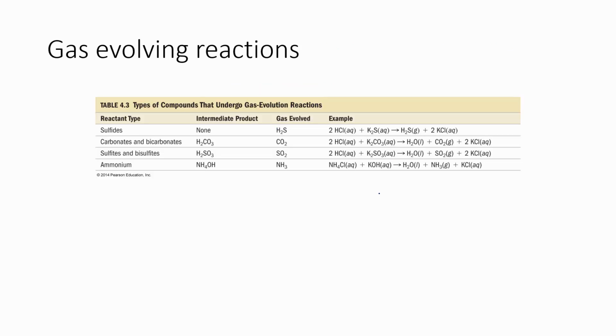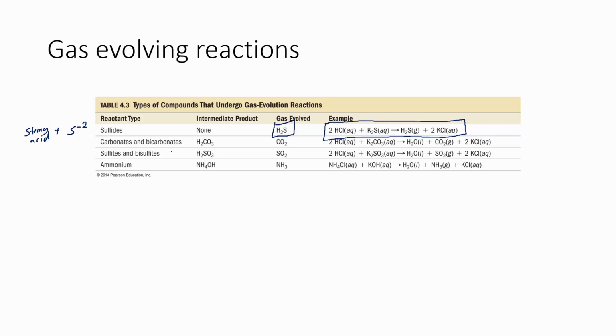For gas evolving reactions, we're not going to get too much into this. We just want to point out a couple of examples. If we have a sulfide, meaning something that has S2-, and we react it with a strong acid, what we're going to get is H2S gas. And that's just going to form by having the H+ react with the S2-, and then whatever else we have is left over turns into a salt.